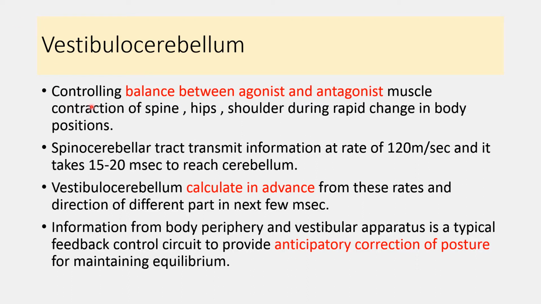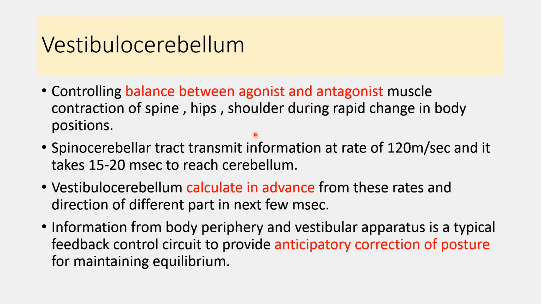Vestibulocerebellum controls balance between the agonist and antagonist muscle contraction of spine, hips and the shoulder during rapid changes in the body position. Spinocerebellar tracts provide information from the periphery, the movement which is occurring in the body, and the vestibular nuclei provide information towards which the movement is occurring.